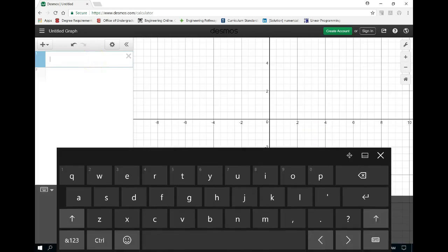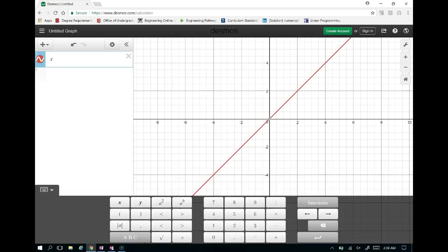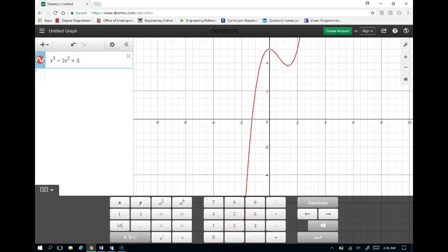So let's say that we know we've got the function x cubed minus 2x squared plus 5x.